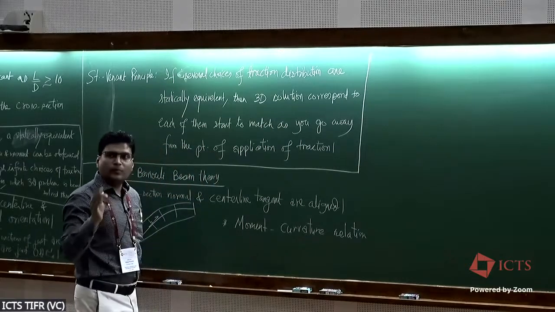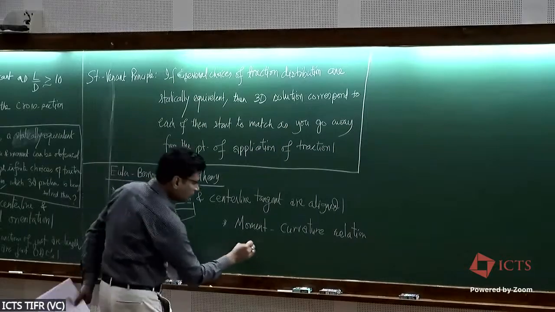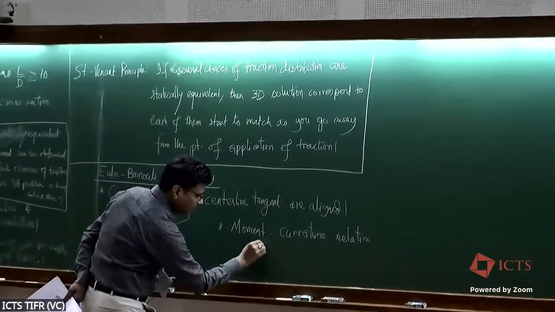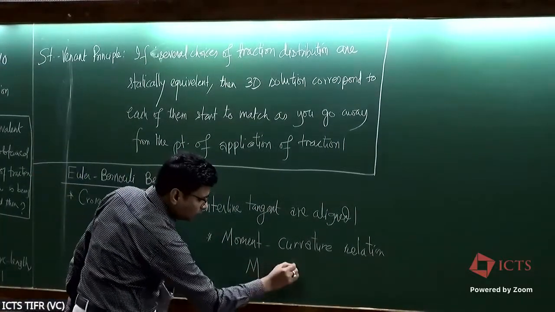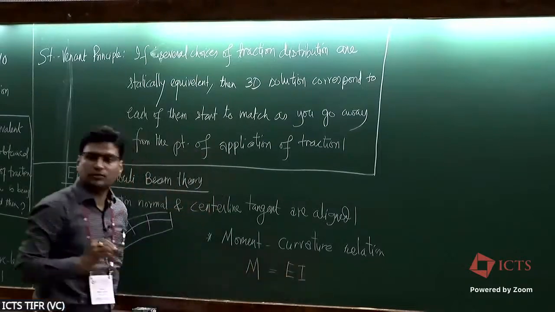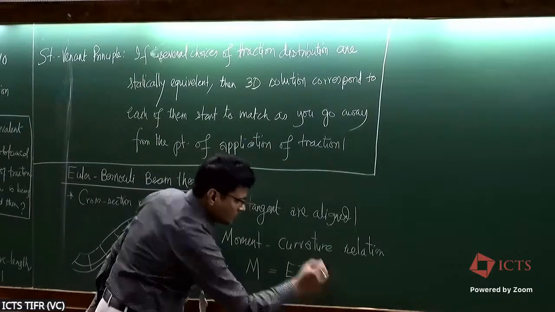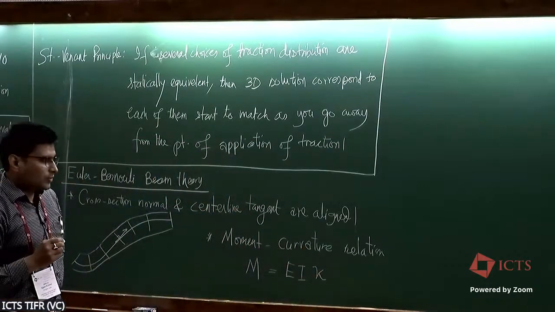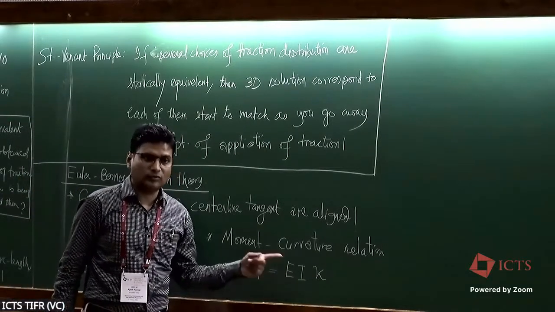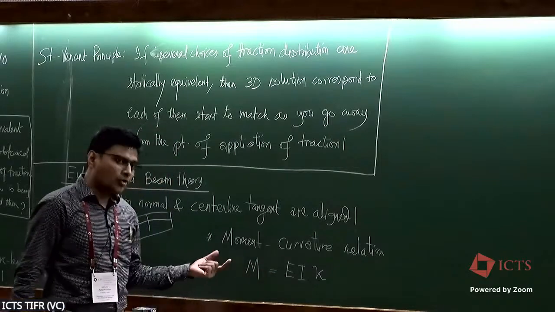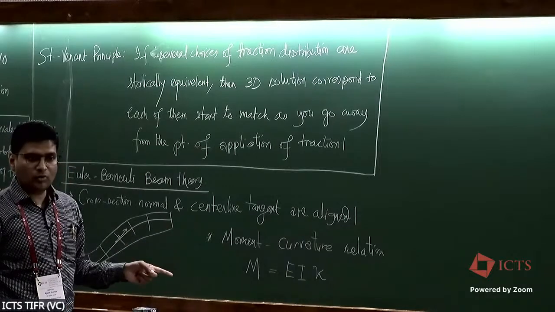I think many of you have done strength of materials, or even in physics you have seen that the moment that generates in a beam, if I denote that by M, is equal to EI, the bending modulus or bending stiffness, times the curvature, where E is the Young's modulus and I is the second moment of area. This is how you can relate bending moment with curvature. This is a linear relationship.